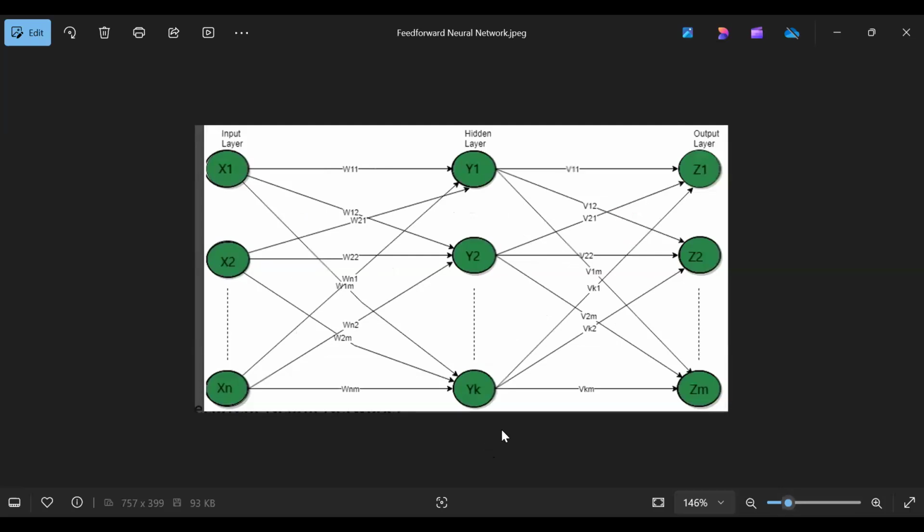Now, for your understanding level, consider this input layer X1 to Xn as your different thoughts. Say, for example, within the next 10 minutes, whatever thoughts are coming in your mind, you consider them starting with X1 to X10.